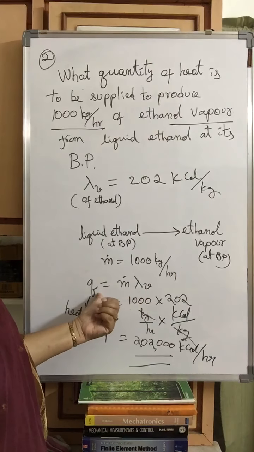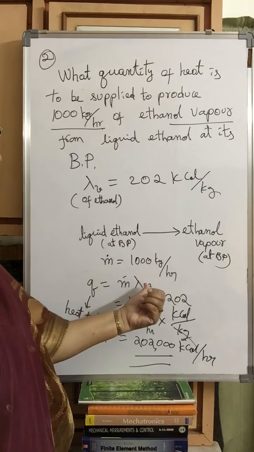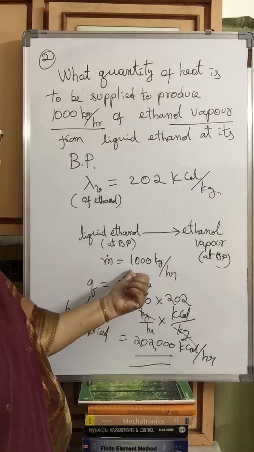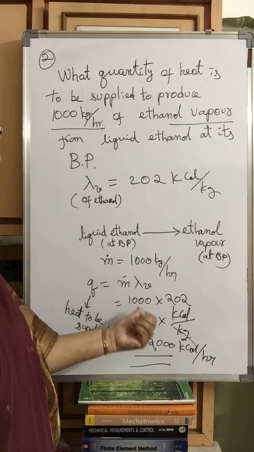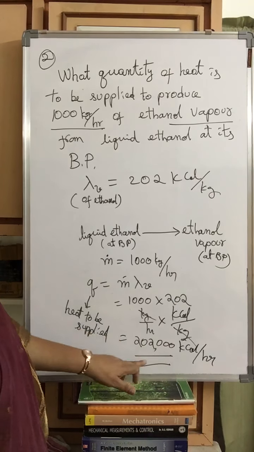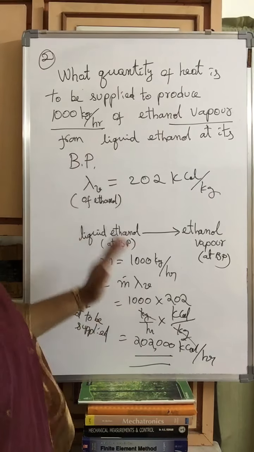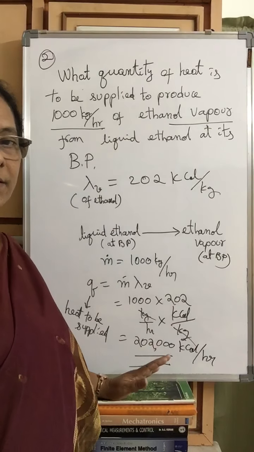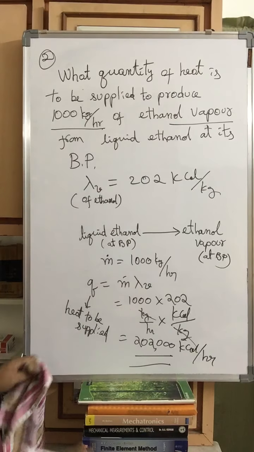In such a case, Q is equal to m dot lambda V, because the mass flow rate is given here. So this much heat is to be supplied in order to carry out this task. So this is latent heat.